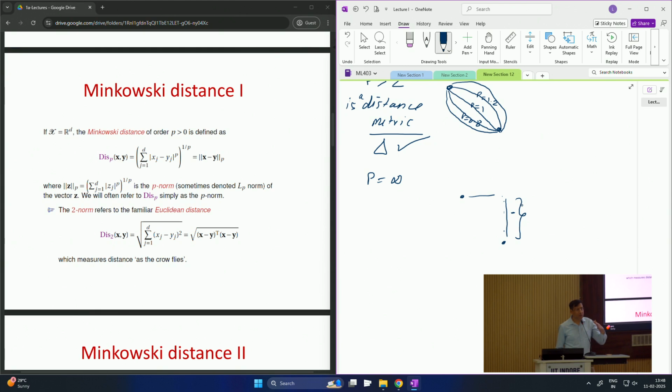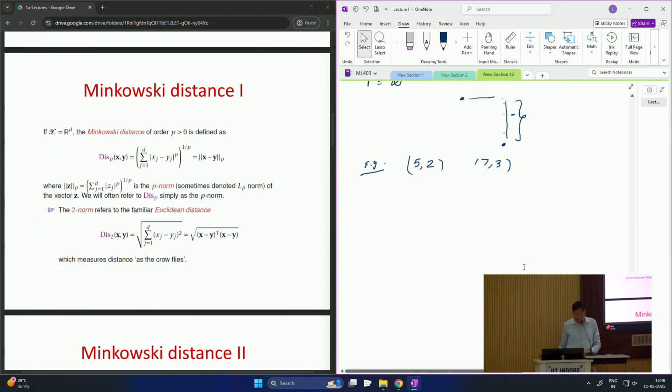So as the P increases, the larger difference gets dominated. So another example, let's say I have got 2 points, 5 comma 2 and 3 comma 7.